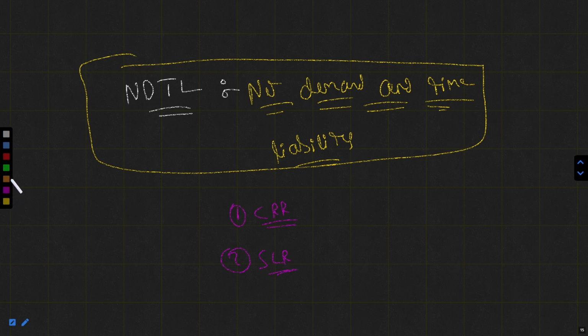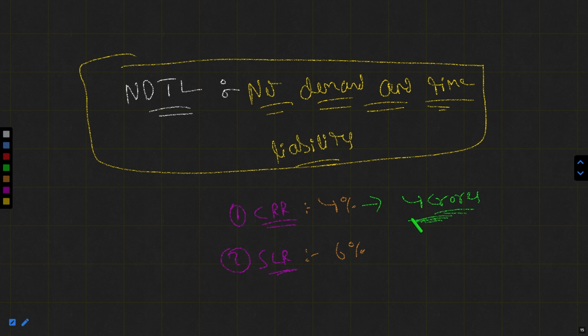Okay, so suppose the cash reserve ratio is 4% and the SLR is 6%. These ratios are generally decided by the central bank, the Reserve Bank of India, on the basis of the level of inflation and deflation in the economy. All right. So if we go by 4%, then 4% of 100 crores is rupees 4 crores, right? So the amount of 4 crores will be deducted first.